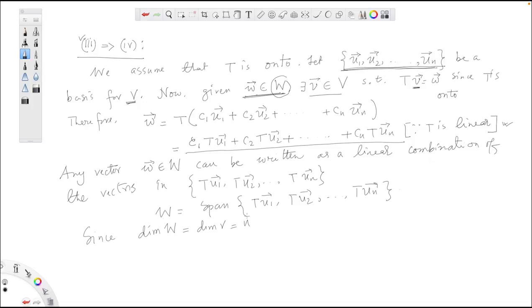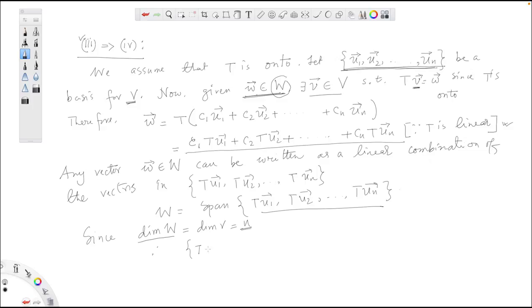So we arrive at the fact that dimension of W is equal to n, and this fact forces this set to be a linearly independent set.